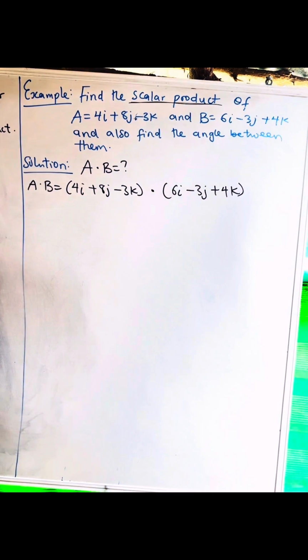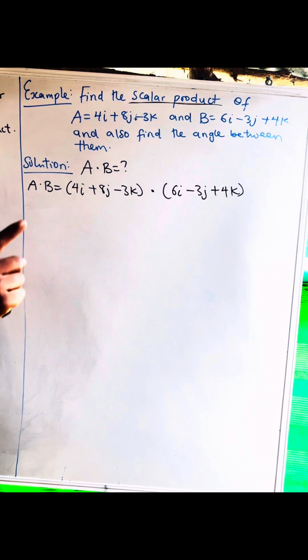Remember that whenever we are looking for the dot product of two vectors, we have to multiply similar unit vectors together.